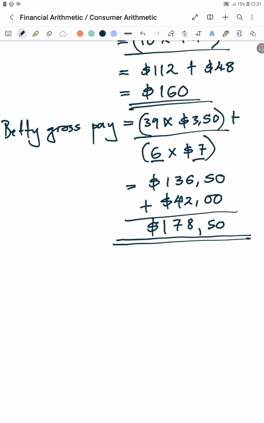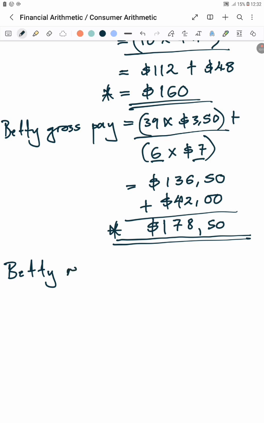So the question says, who receives greater gross pay in a week if they both worked 45 hours? So now we are comparing $178.50 and $160. The question says, who receives greater gross pay?